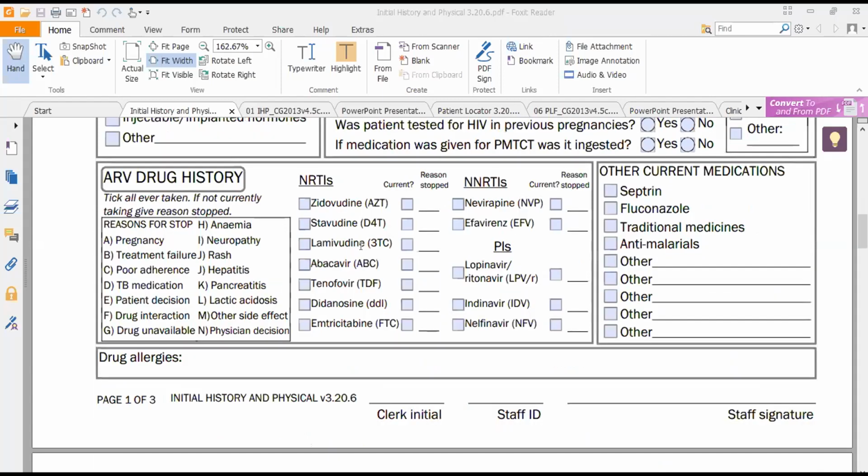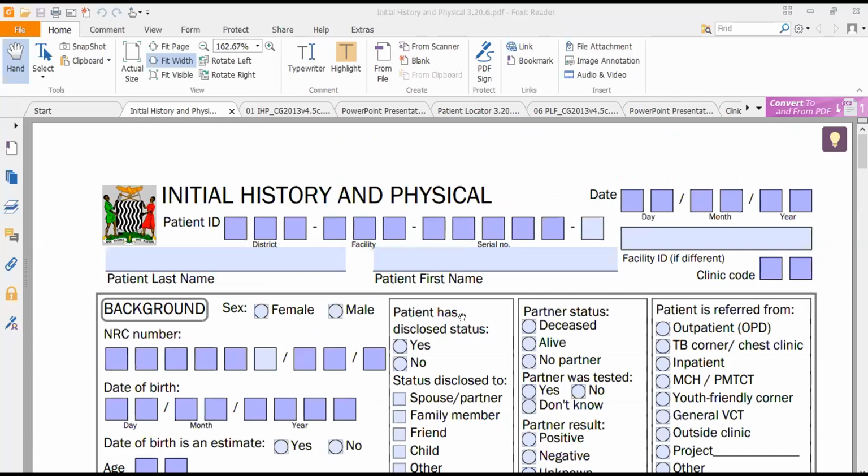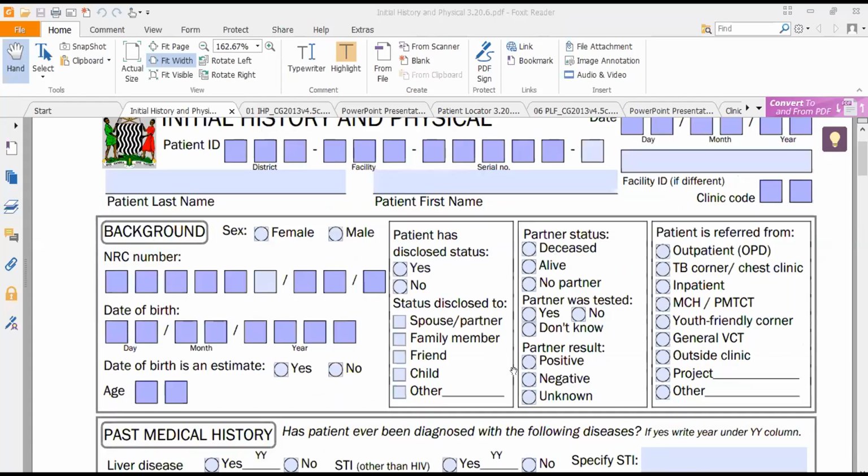3.20.6. So these are the forms that we used first, and they start from the demographics, that is the date of the interaction, the patient ID, which is the new PIN that the client is given on registration, and then the patient's name, the patient's first name, and the clinic code. So it will start from background. Under background, you have the sex, which is the gender, the NRC, the date of birth, and whether the date of birth is an estimate, and the age.